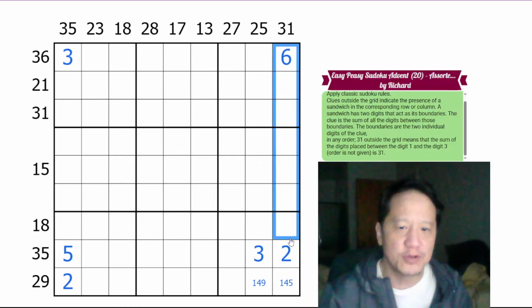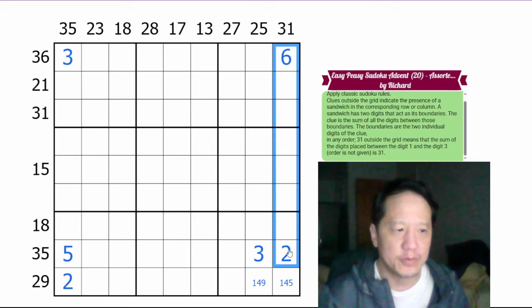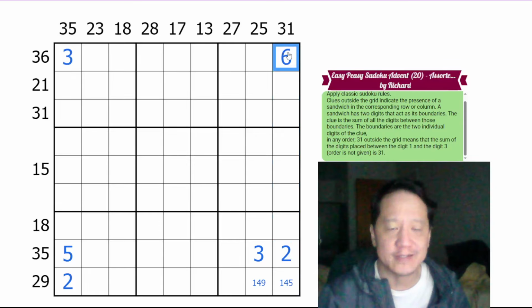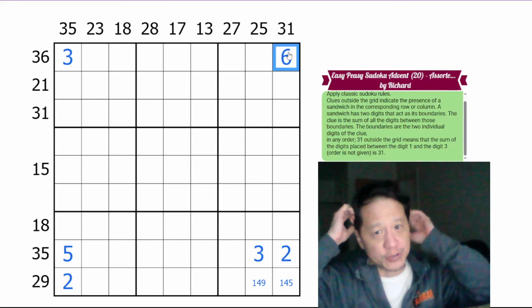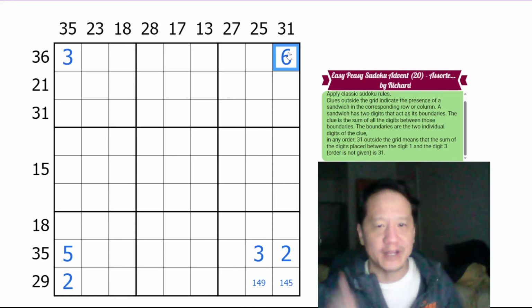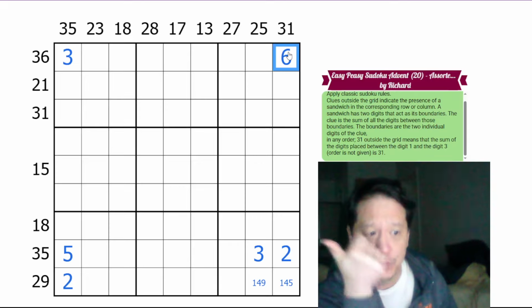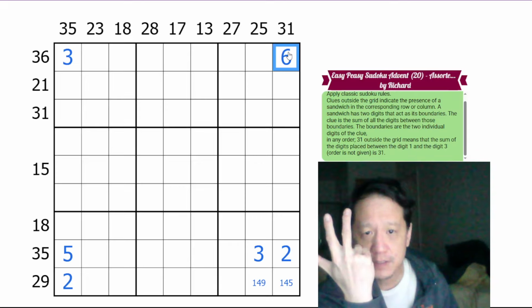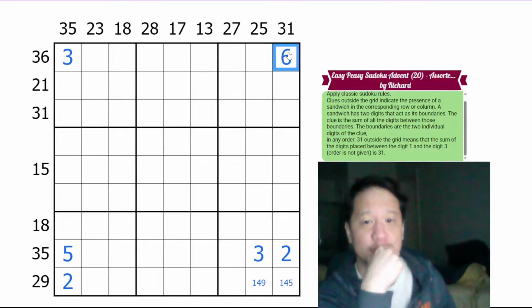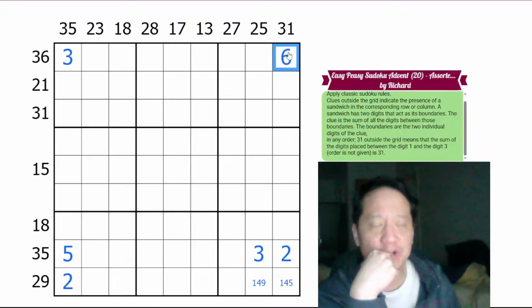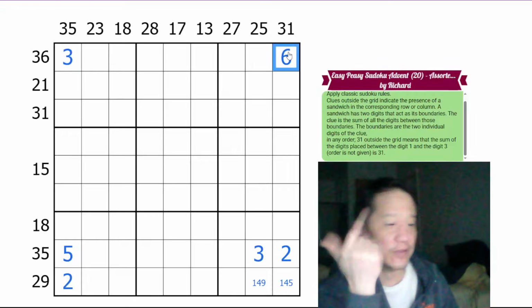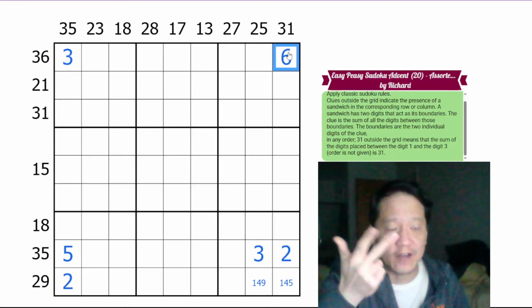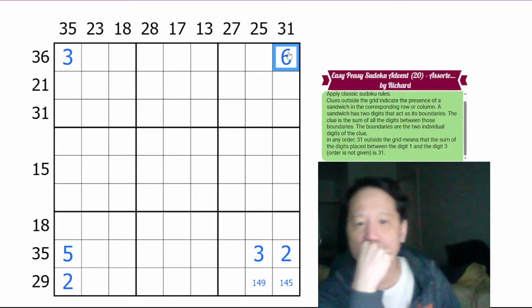Well, to get to 31, the problem is if you had 2, 5, and 6 here, that means outside of the boundaries, which are 3 and 1, you would guarantee have at least 2 and 5 and 6. Well, that's not possible. You have 6, 2, 5, and 1 and 3, right?